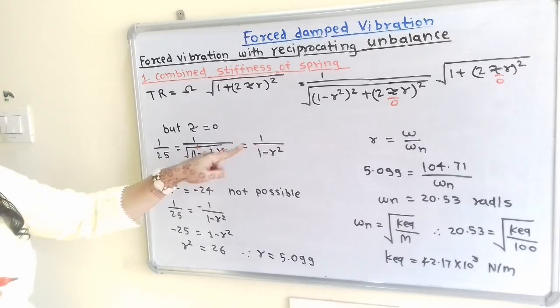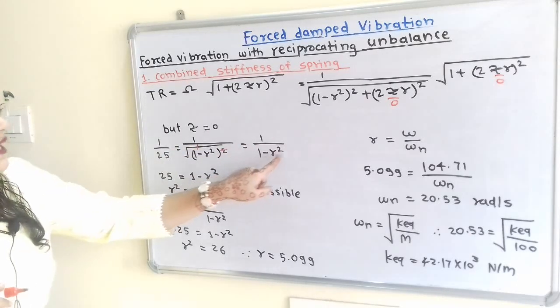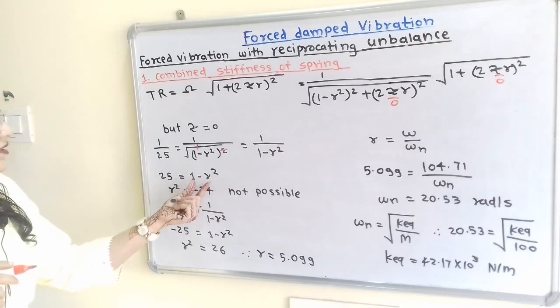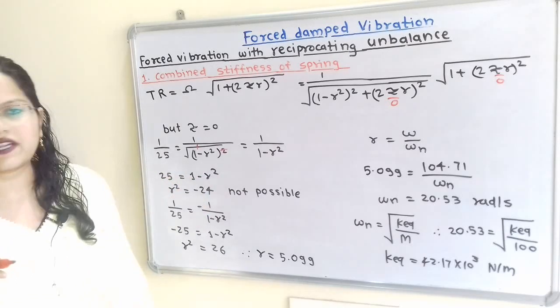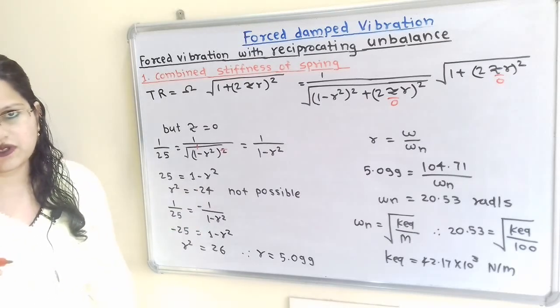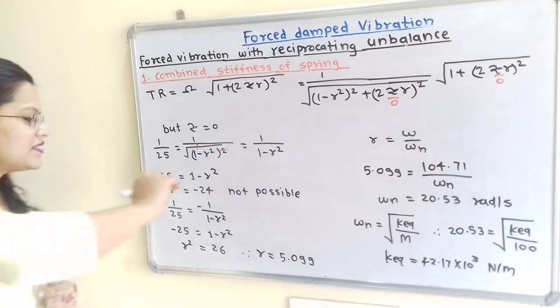So we will take here the cross multiplication, that is 25 is equal to 1 minus r square. So if I transfer this r square to the left hand side and this 25 to the right hand side, then r square is equal to minus 24. So there is no any square root for the minus sign, so this is not possible.